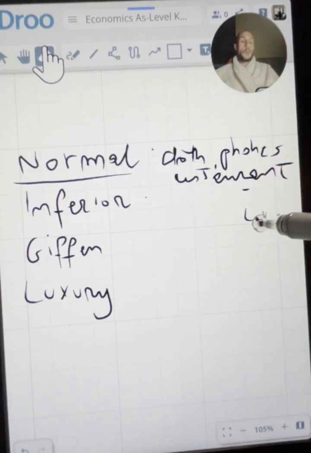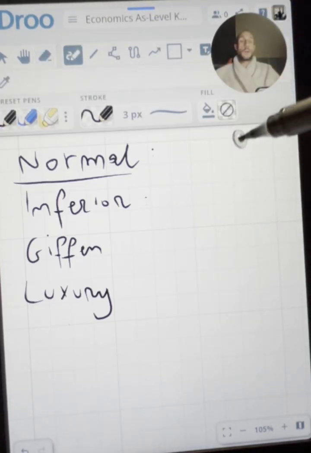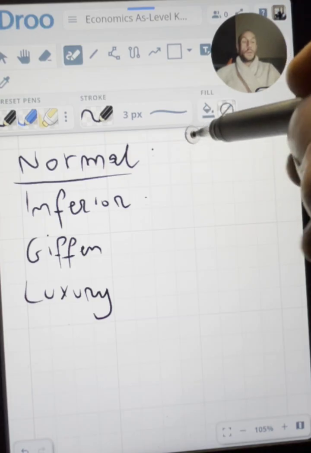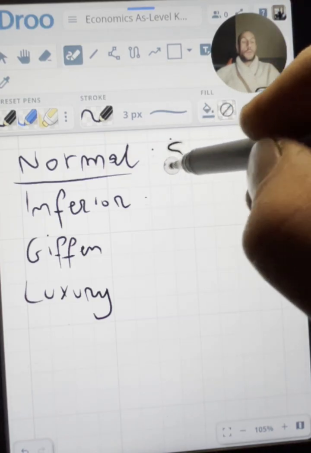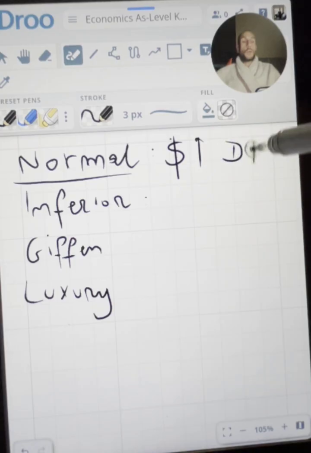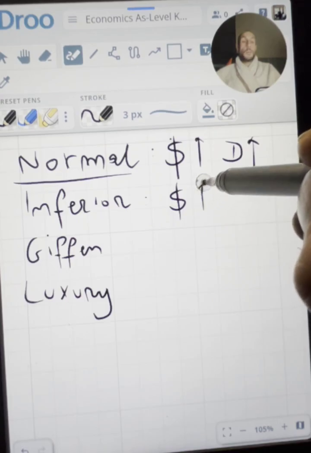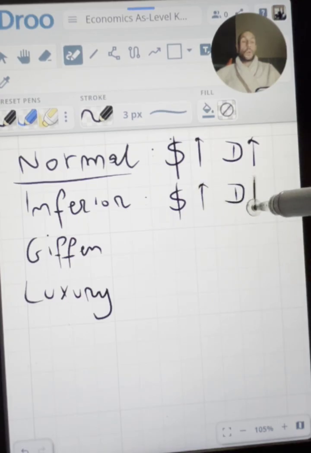Let me write it here. For normal goods, income goes up, demand goes up. For inferior goods, income goes up, demand goes down, because you can buy better options.